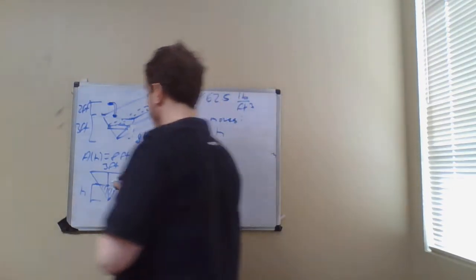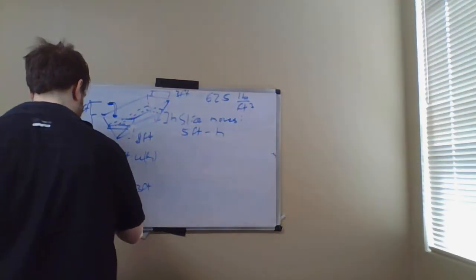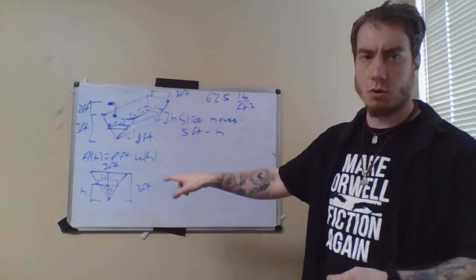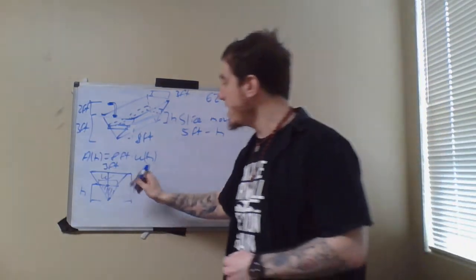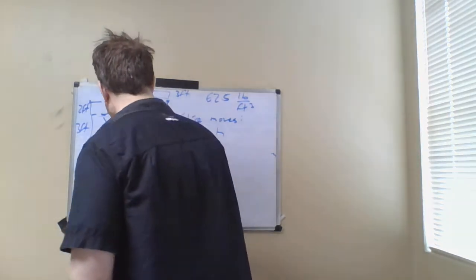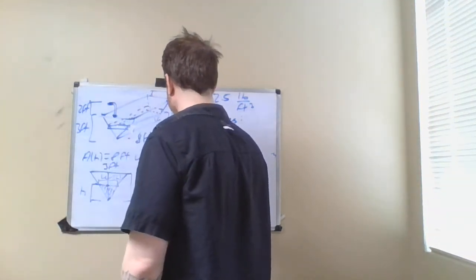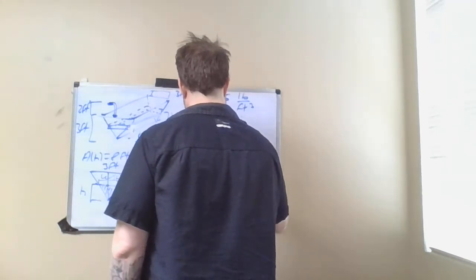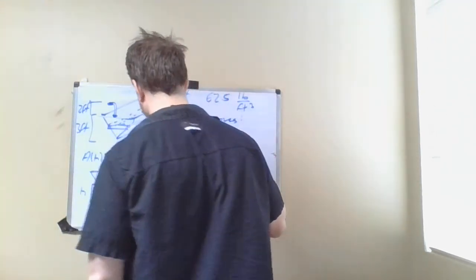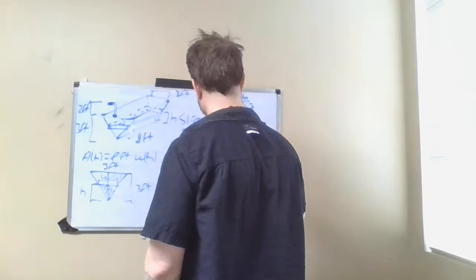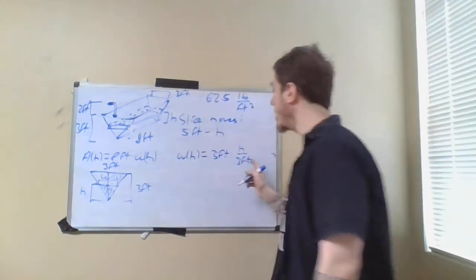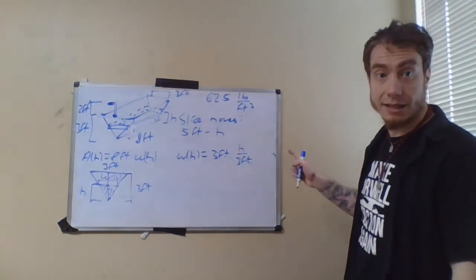And therefore, this width, w, excuse my terrible crowded drawing here, but the width, w, as a function of h, is going to equal 3 feet times h over 3 feet. The 3 feet cancel, and the width is actually equal to the height.